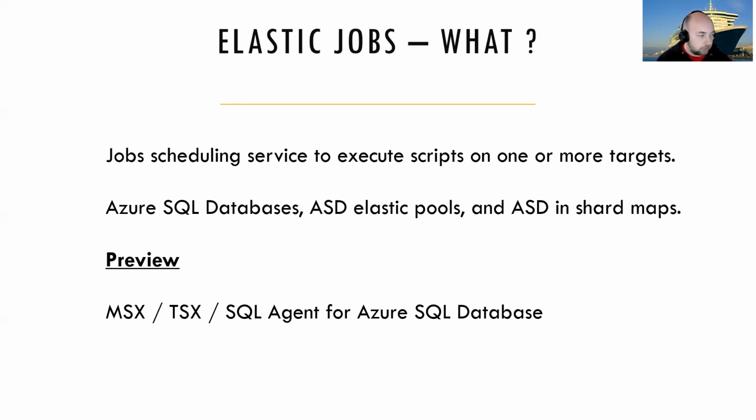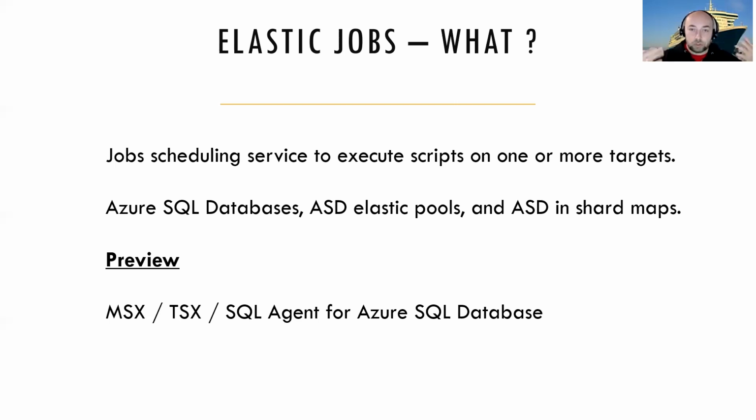So I will show you that in a demo, but if you haven't heard about MSX TSX, MSX stands for master server and TSX stands for target servers. So on premises, you can configure one SQL instance to be a master server for SQL agent and add the targets.